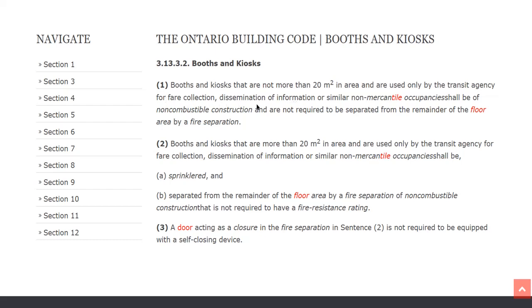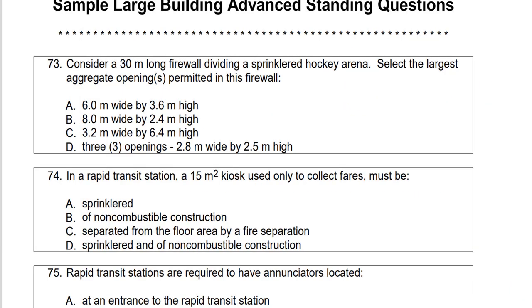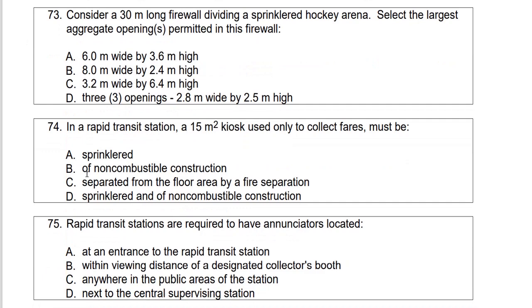I'm not going to read everything else, but it must be of non-combustible construction and is not required to be separated from the remainder of the floor by a fire separation. The main point is that it should just be non-combustible construction. No sprinkler, nothing else. So the answer to the question is B.